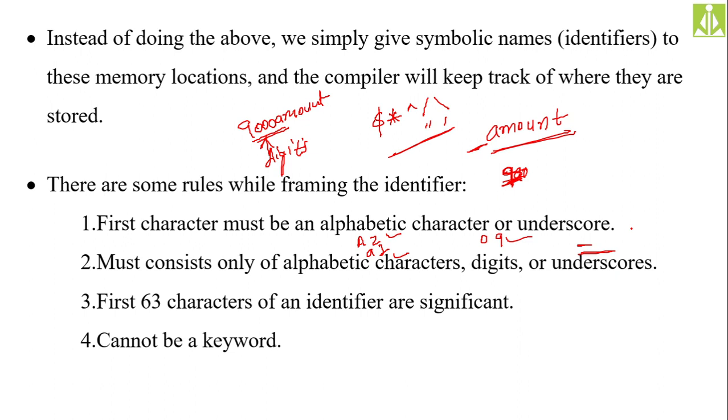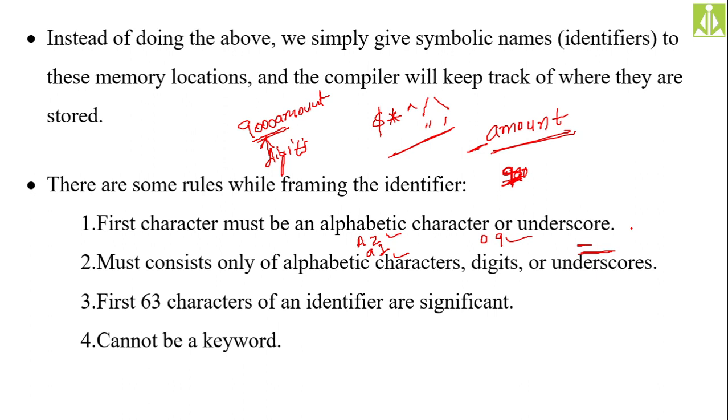And the third point, the length of the identifier: it will be up to 63 characters only. Only the first 63 characters of an identifier are significant. That means you can give up to 63 characters inside the identifier.